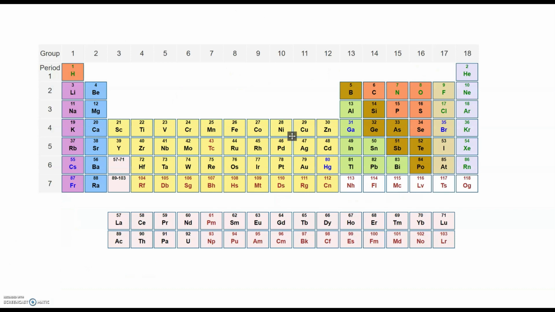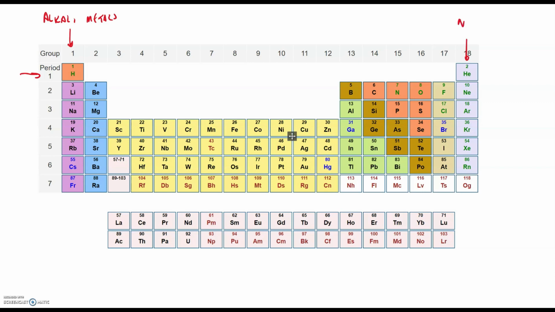So, a couple more things that we learned is that groups go down, periods go across. We know that group 1 are called the alkali metals.